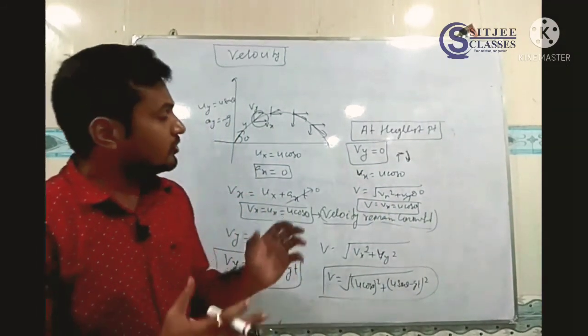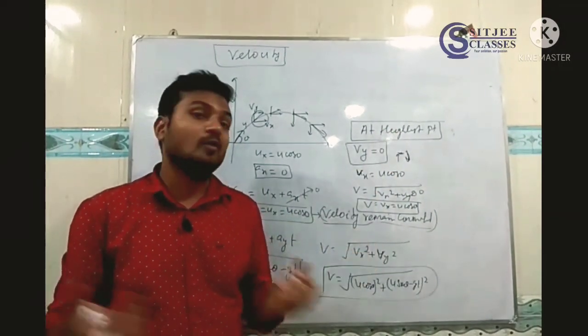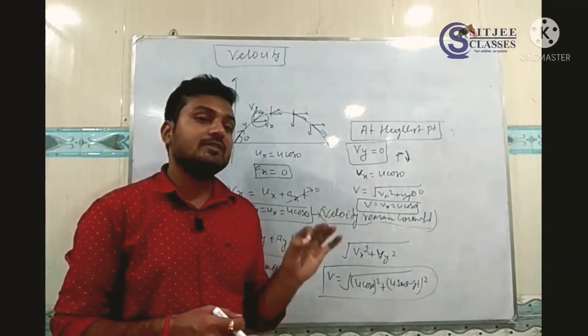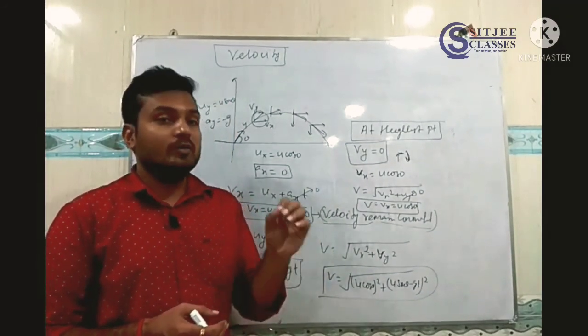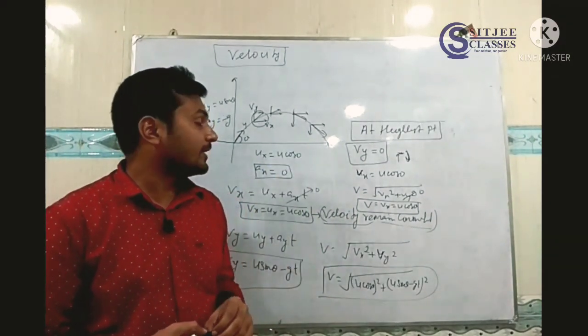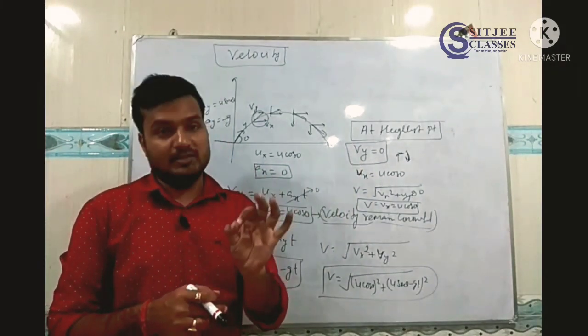See here, most of you are making a mistake. Whenever I ask what is velocity at highest point, what is your common answer? It is 0. No, at highest point velocity is not 0. I don't know why, only the wrong concept strikes your mind, the right concept you keep aside. Okay, so think at highest point your velocity in y direction is 0.